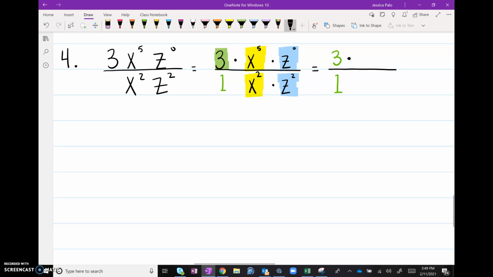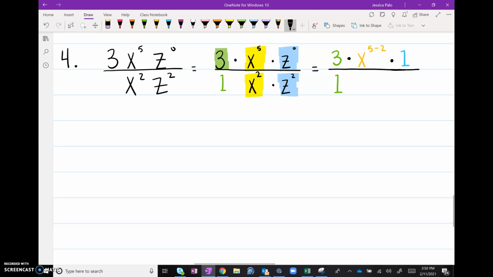Our quotient of powers property tells us to subtract. So that would be x to the 5 minus 2. Then we also have z to the 0. Z to the 0, anything to the 0 power equals 1.